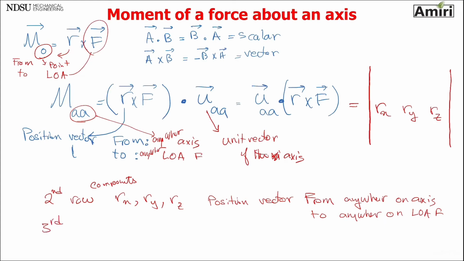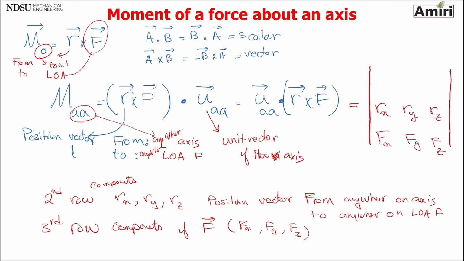Third row, before we had components of F, meaning Fx, Fy, Fz. Pay attention, there's no i, j, k, just the components: Fx, Fy, Fz.